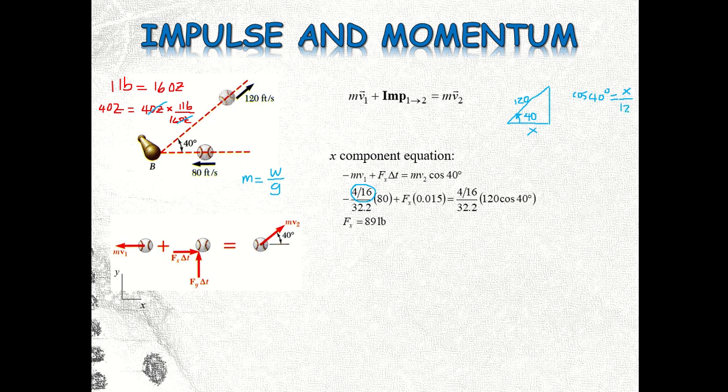So to solve for x, you just cross multiply by 120, so you get x equal to 120 multiplied by cosine 40.